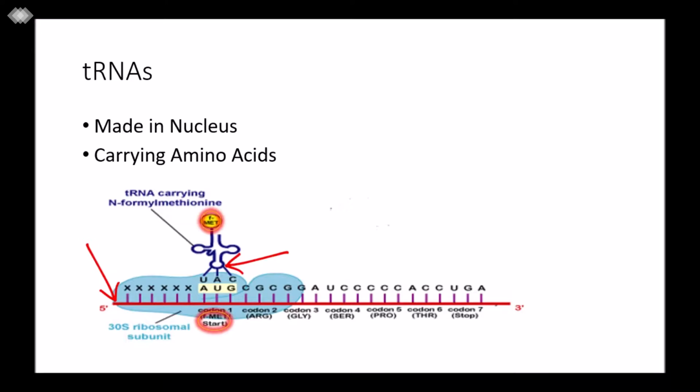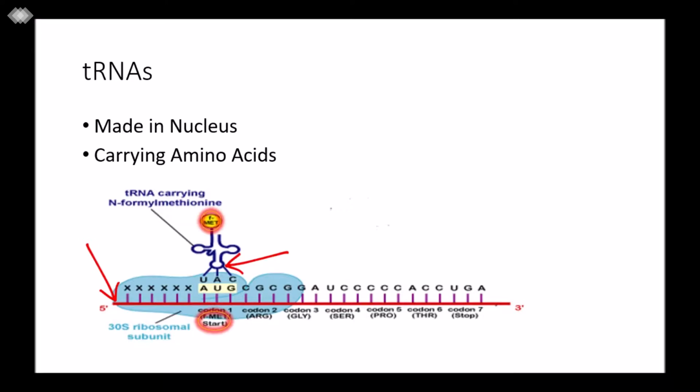And so after the small ribosomal subunit that contains this initiator tRNA binds to the mRNA, it will start scanning along the single strand to find the start codon, AUG.